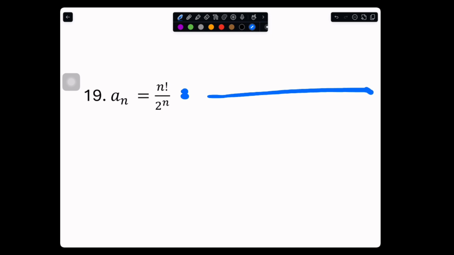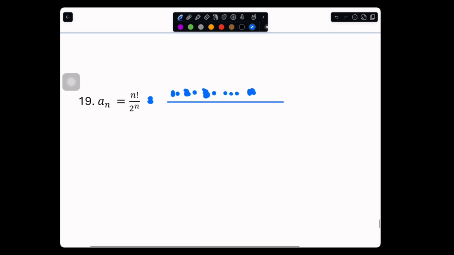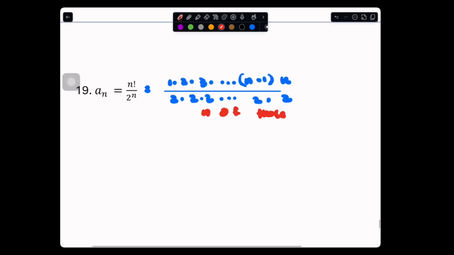So I'm going to write it the same way. N factorial, by definition, we'll write it backwards so you guys can see the logic. So this here is 1 times 2 times 3 all the way up to n minus 1 times n. That's my numerator. And then I have, under every one of those terms, 2. I have n of these terms.